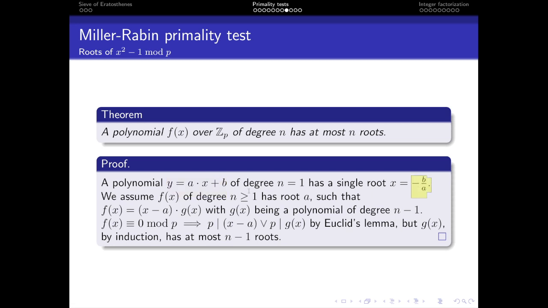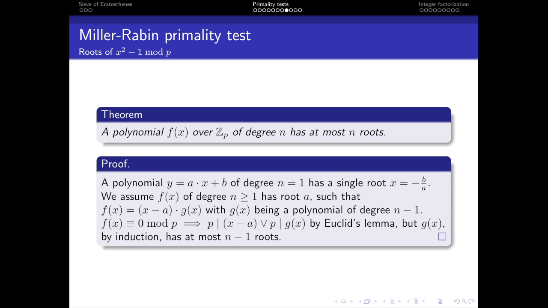And we then assume that we have some polynomial f of x with a degree of at least 1, which has one root a, x minus a. In this case, this root is just positive a. And then another polynomial, g of x, which has at most n minus 1 solutions, because it's a polynomial of degree n minus 1.